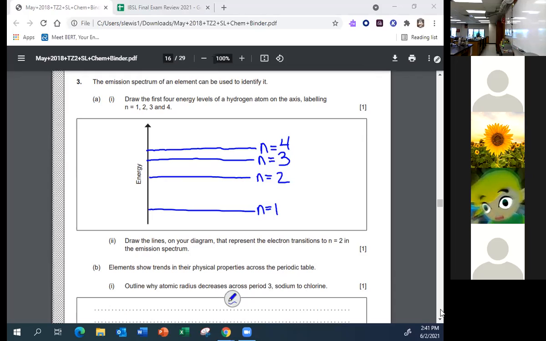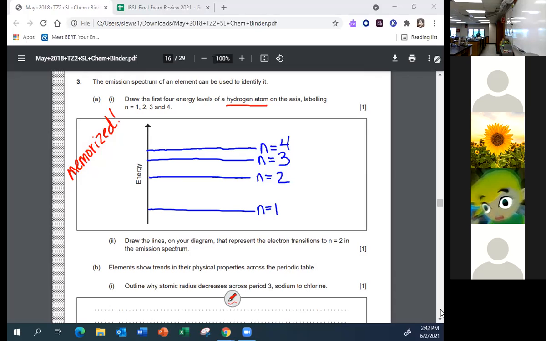Draw the lines on the diagram that represent the electron transitions to N equals 2 in the emission spectrum. I guess there's no other way for me to say this other than this has to be memorized. Okay, so find it in your IB review book. And you've got to memorize this for the emission spectrum of a hydrogen atom. There are 4 lines. We talked a little bit about this in class the other day.